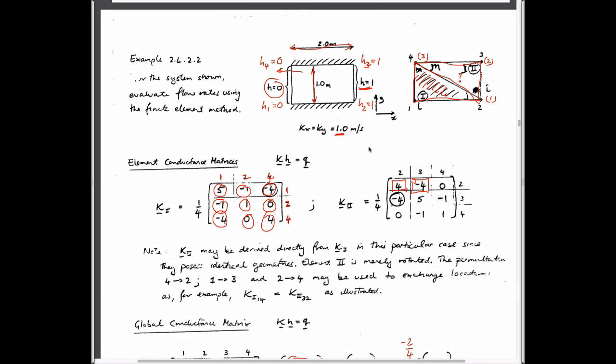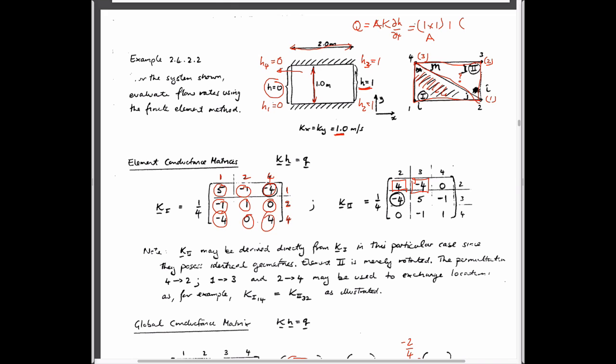If we write Darcy's law for this, we have Q is equal to A K dH/dx. So the area of this face is equal to 1 times 1. Conductivity is 1.